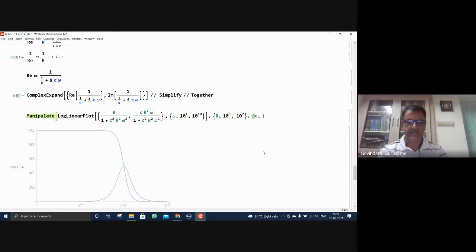I'll take 10 power somewhere about minus 7 to 10 power minus 9. Two orders of capacitance value. I change it and then close it.